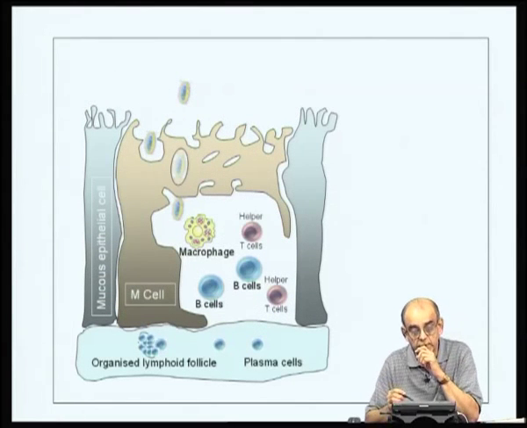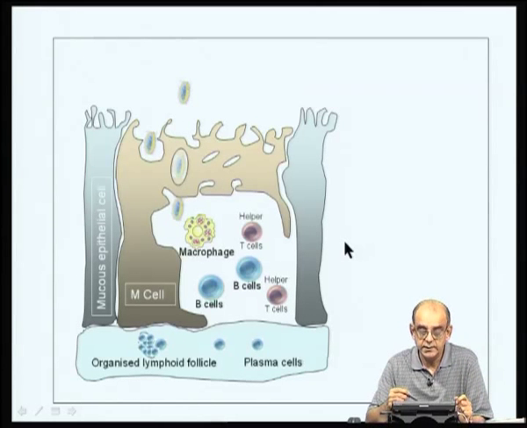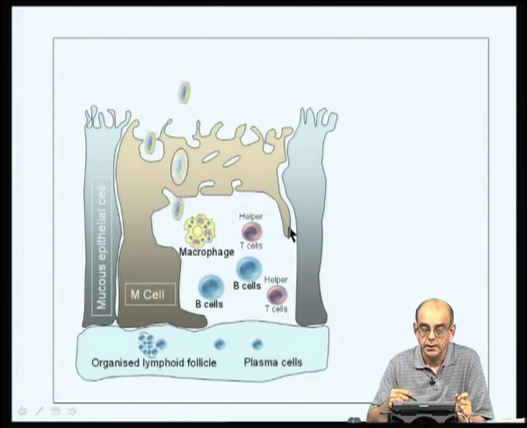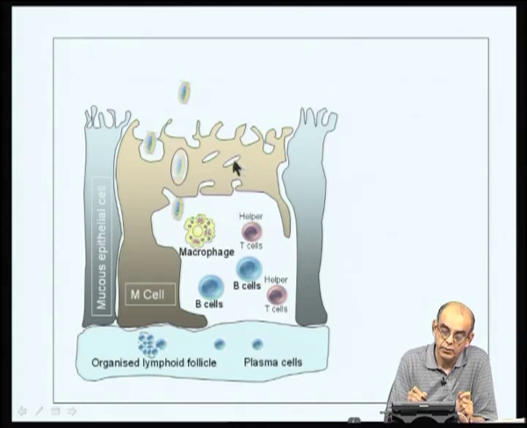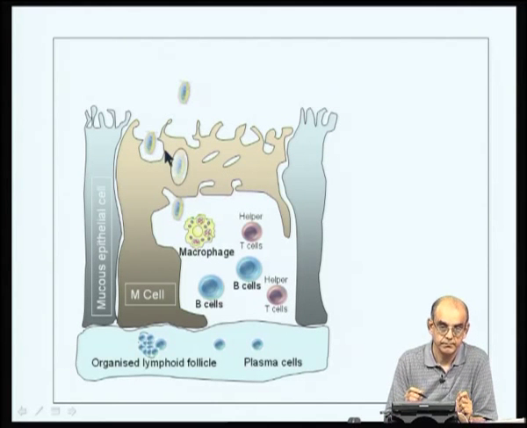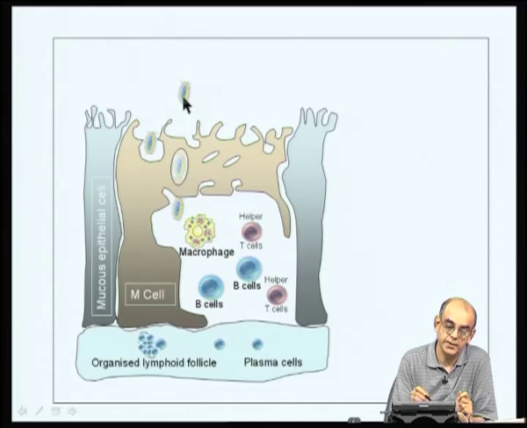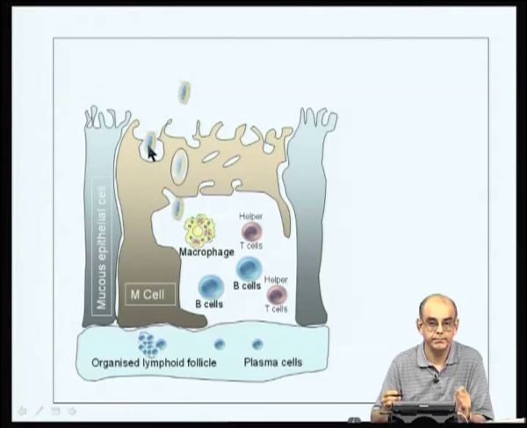Now, if you look at this M cell, you find that this M cell structure, in contrast to containing all these villus structures that contain cilia, is made up mostly of vesicular structures. These are the vesicles into which the antigen is taken up.